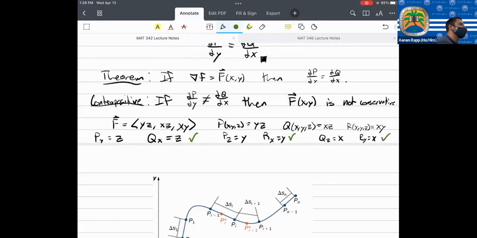And all 3 of those pairs matched up because this is a conservative vector field. We generated this vector field from what potential function? f was xyz.